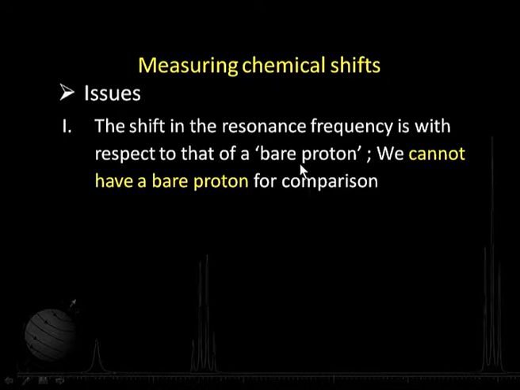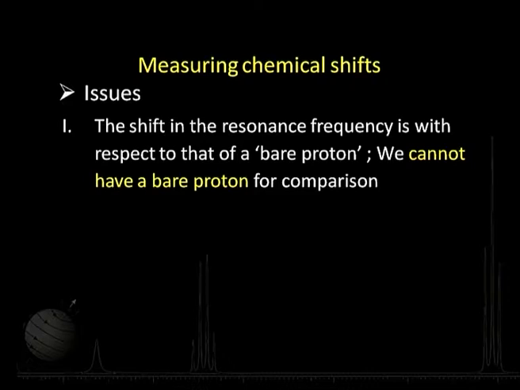When we talked about the principle of NMR, we started with a bare proton, and then when we go from a bare proton to a hydrogen atom or other systems, we find a shift in the signal. But we cannot have a bare proton for comparison, so how do I quantify it? How do I tell what the chemical shift is?